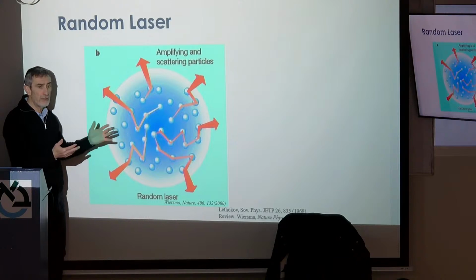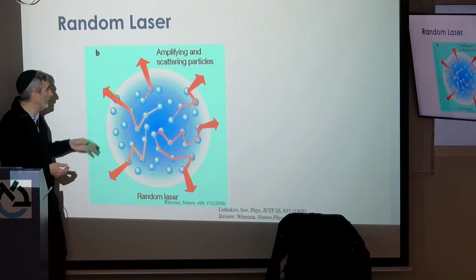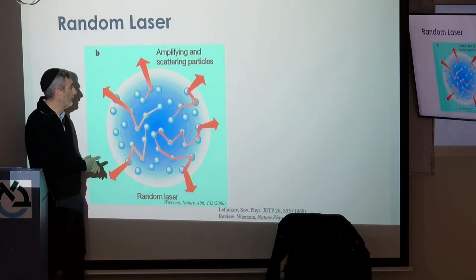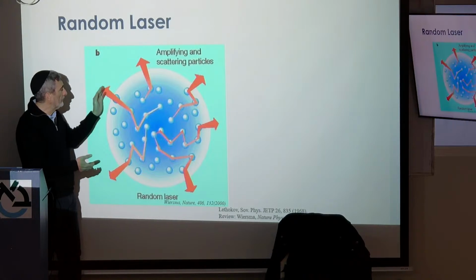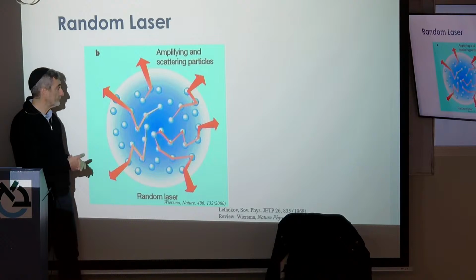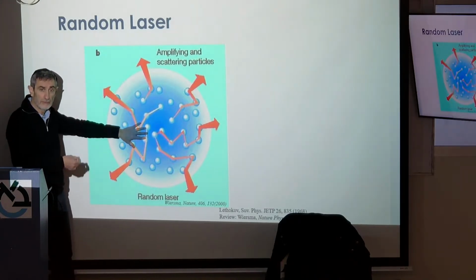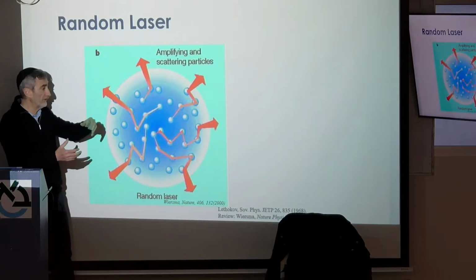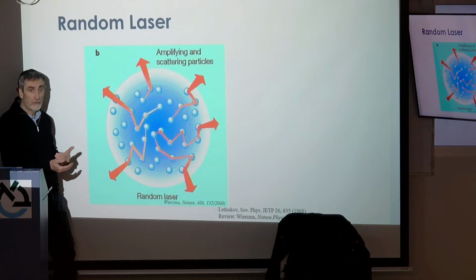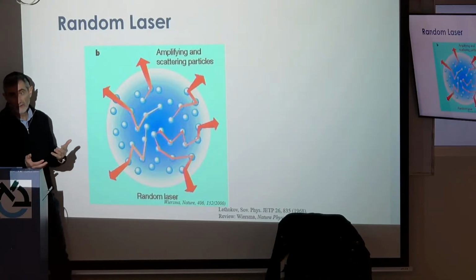If you think about it, you have gain and loss. The objective is to have gain equal to loss. Let's say we have a spherical medium like that. The losses are proportional to the surface of this sphere, and the gain is proportional to the volume of this sphere. So if I increase the size of this volume, at some point the gain will overcome the losses, because the losses increase less fast than the gain.